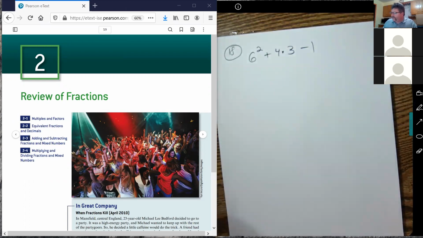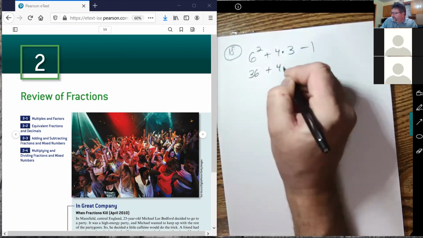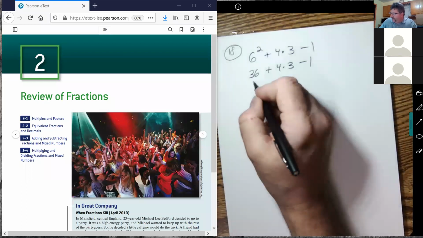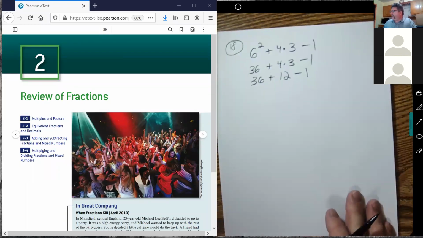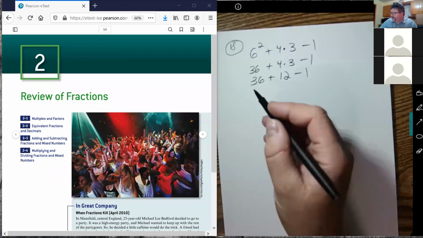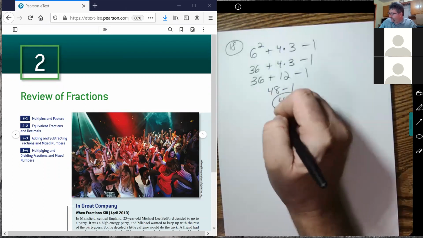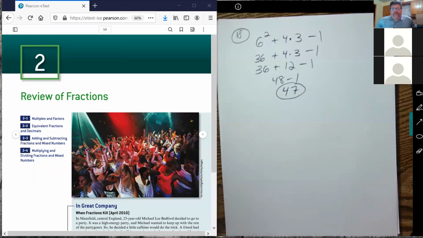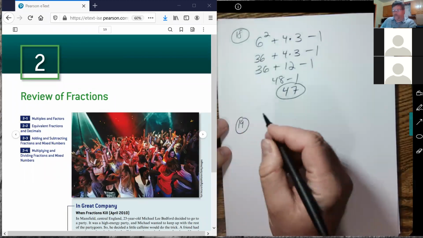Well, there are no parentheses, so I'll knock out the exponent here. 36 plus 4 times 3 minus 1. Now I'll multiply, 36 plus 12 minus 1. And now I'll add and then I'll subtract, right? So it's 48 minus 1, 47. Everybody okay with that one? Yep. Sweet.